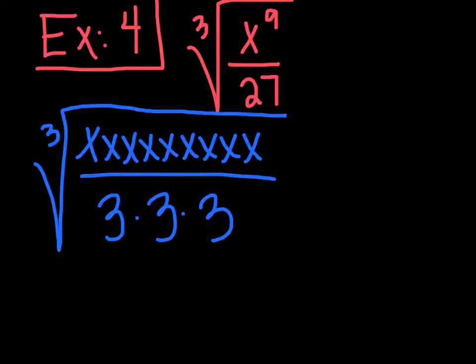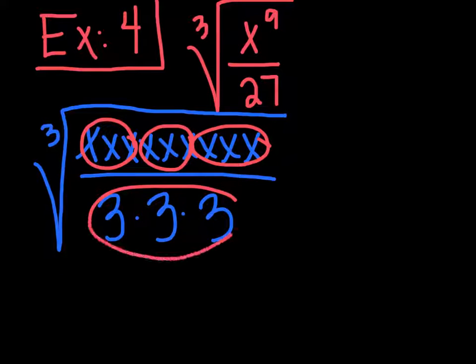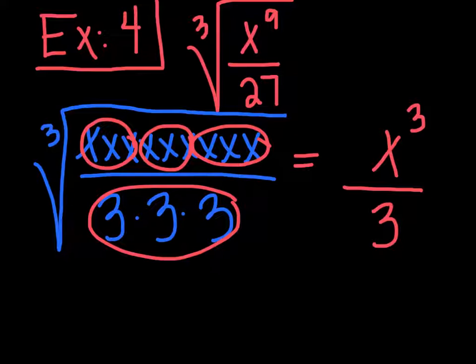Well, again, most of you probably recognize there's already going to be 3 groups of x, and one group of 3, so everything will be coming out of the radical. So we'll have x to the third, all over 3. Nothing's left in the radical, so it stays just like this as our final answer.